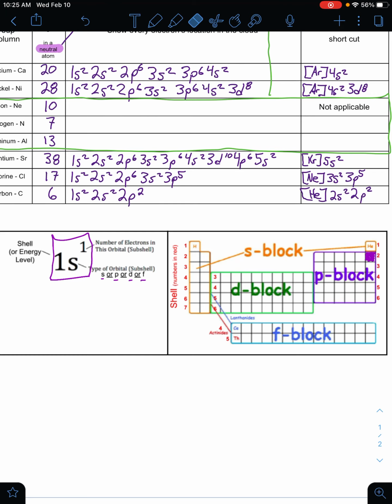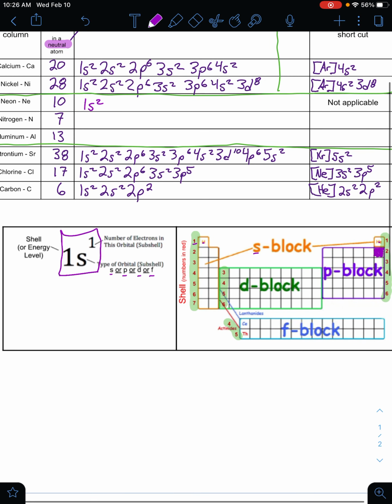I number my periodic table so we can see the shell or energy level here, here, here, and here. And that'll determine the large number that comes first. And you count starting from hydrogen, and you stop when you get to the target cell, as long as it is neutral. So we go 1s, 1, 2. 1s2.